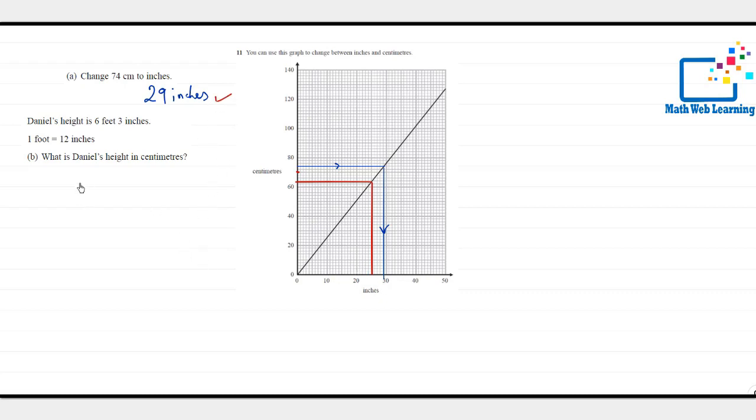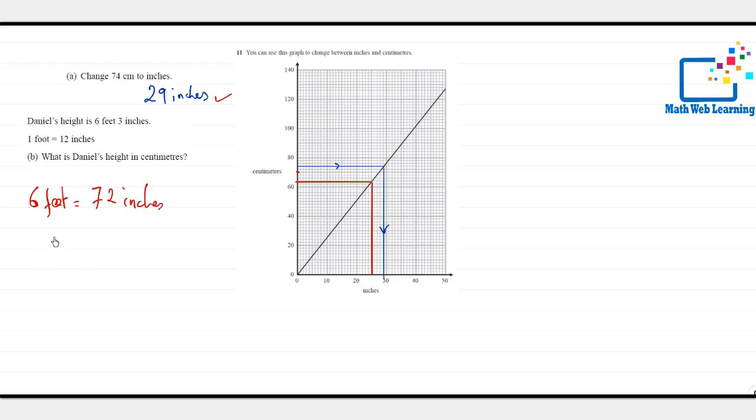Now for part B, we have the height of Daniel, which is 6 feet 3 inches, and we've been given the conversion rate between feet and inches. 1 foot is 12 inches, so 6 feet would be 72 inches, right? You do times by 6.